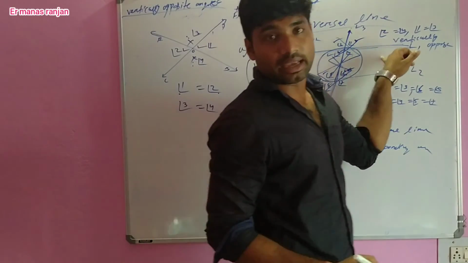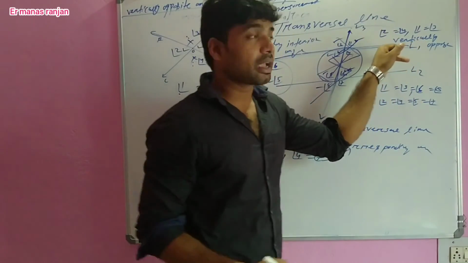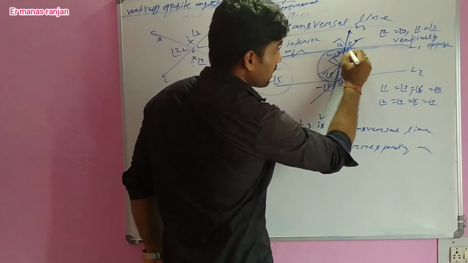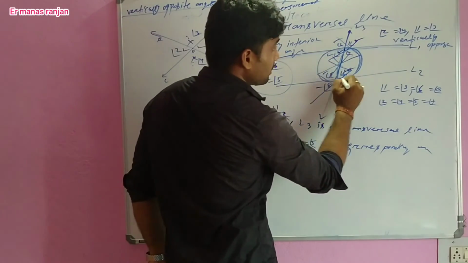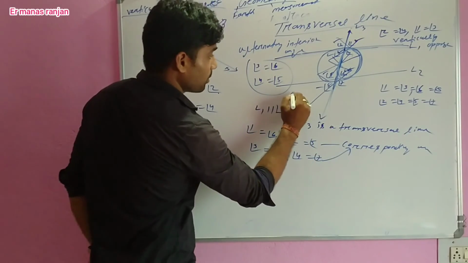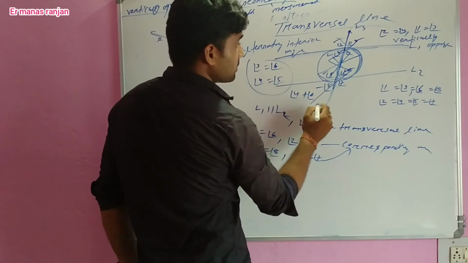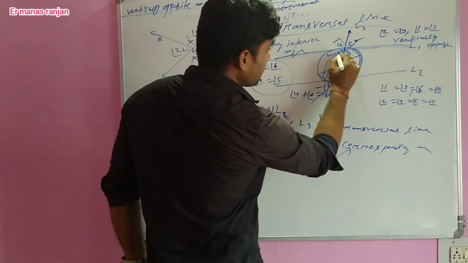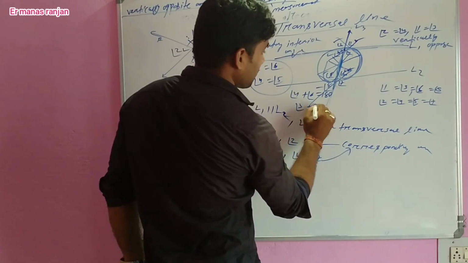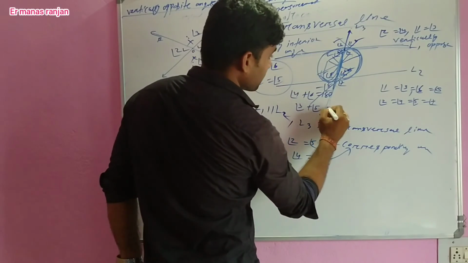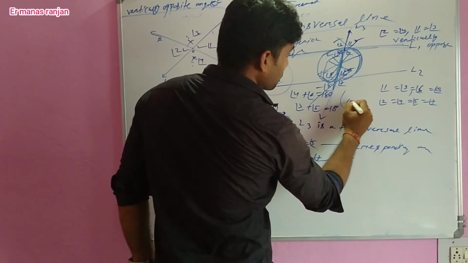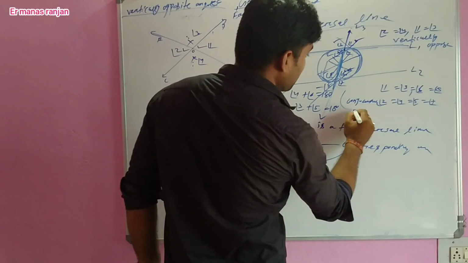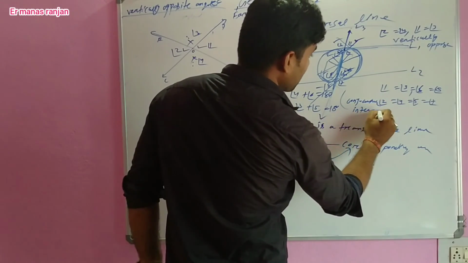So the interior angles on either side of the transversal line: angle 4 plus angle 6 equals 180 degrees, and angle 3 plus angle 5 equals 180 degrees. That is called consecutive interior angles.